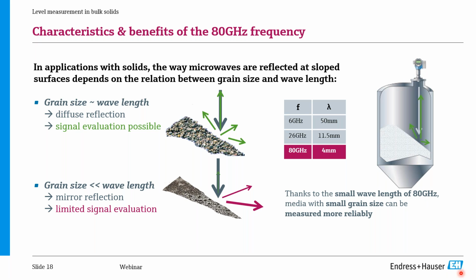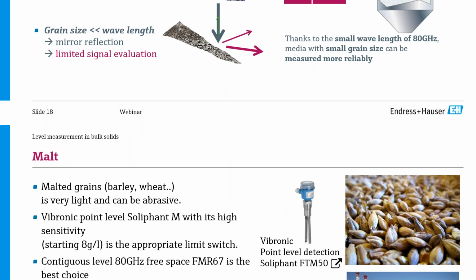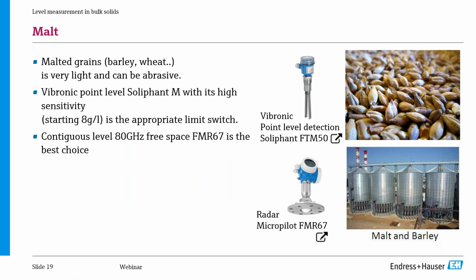Okay, so it's the combination of the narrow beam angle with the right frequency that allows us to have a very reliable measurement in solids while using the 80 gigahertz frequency. And here we have another application example, which is for malt grains, in malt silos in general. This is a very simple application for the FMR67 or 80 gigahertz radar.